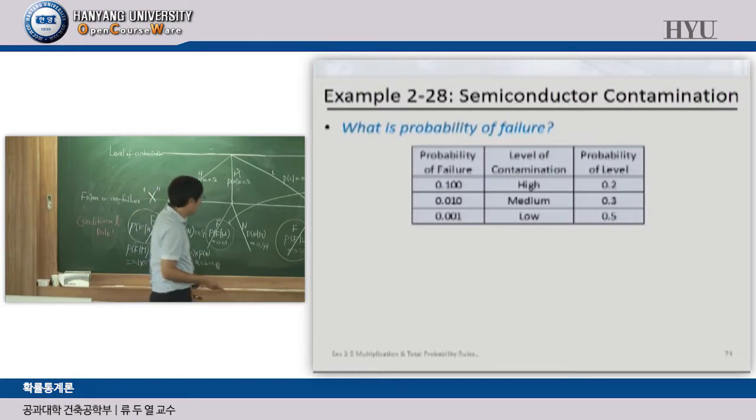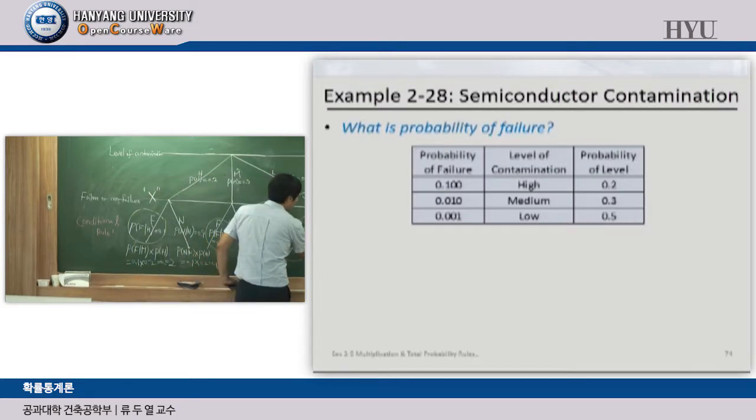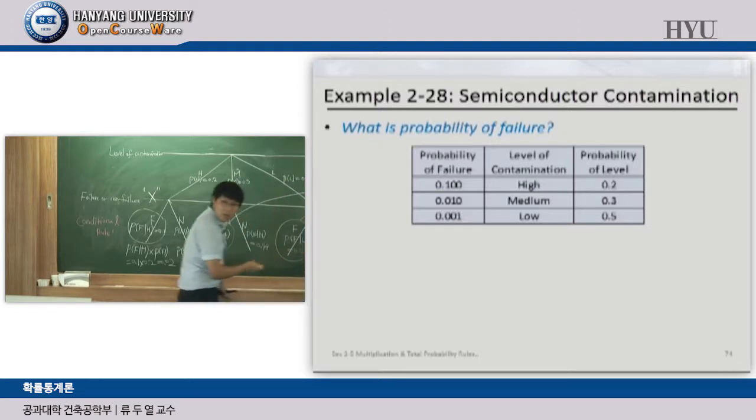Okay? And in this case, we also can apply the same concept. Conditional probability of F given L multiplied by the probability of low level of contamination equals 0.001 multiplied by 0.5, that equals 0.0005. Okay?